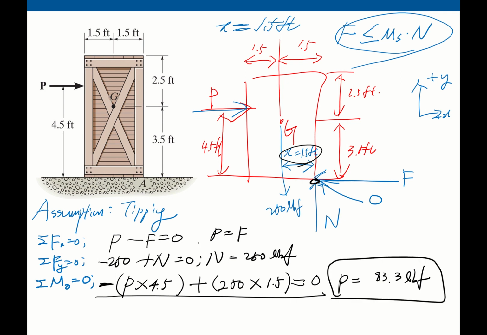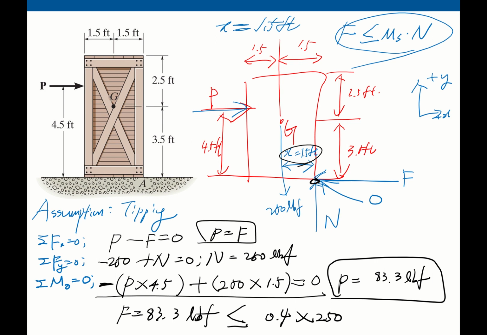So since our first equation tells us P is equal to frictional force, the frictional force is 83.3 pound force. Alright, let's check whether this is less than or equal to mu s, 0.4, times normal force. Normal force is 250, which means this one is 100, right?